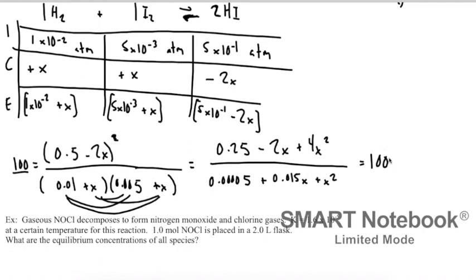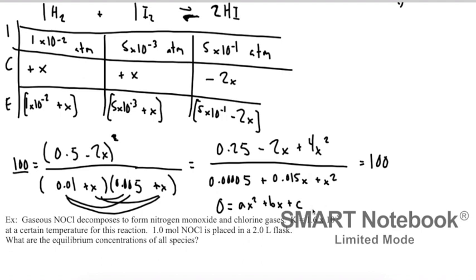So here I have several options. I can collect my terms and set it equal to 0 to use the quadratic formula. I can collect my terms, set it equal to 0, use my graphing calculator. Those are probably the smartest moves. I'm not going to take the time to hold your hand and walk you through the algebra. You guys should know that to collect your terms, I just need it to be in the form, to use the quadratic formula, 0 equals ax squared plus bx plus c.